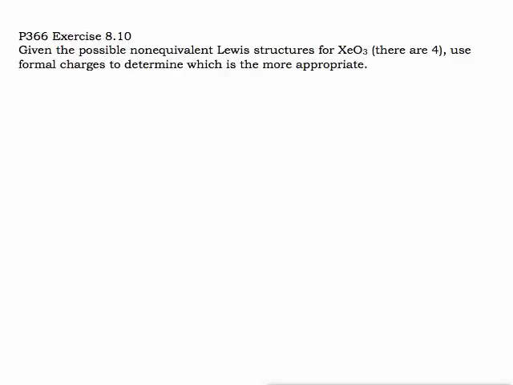Xenon is a noble gas, so it has 8 valence electrons. And we've got 3 oxygen atoms. Well, I guess some of these will obey the octet rule. We just talked about on the previous problem how this can happen with these oxygen atoms.